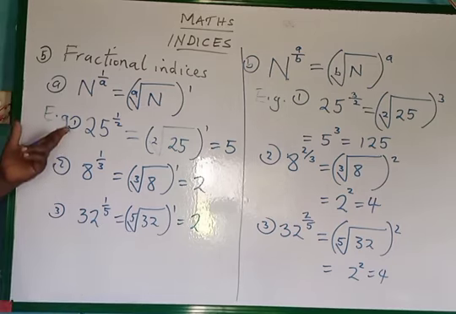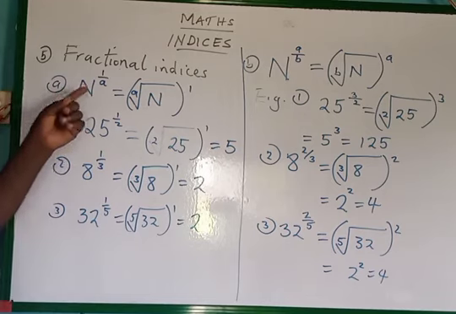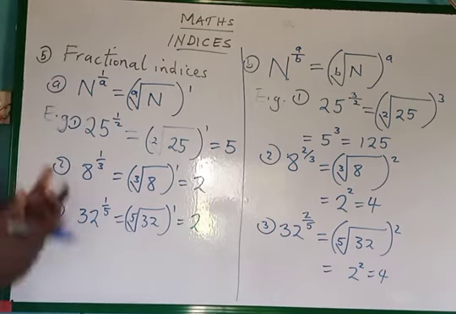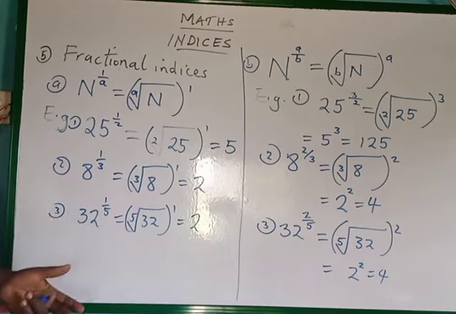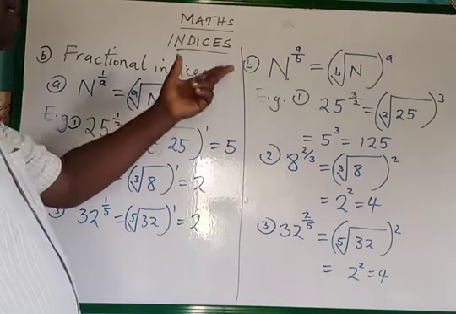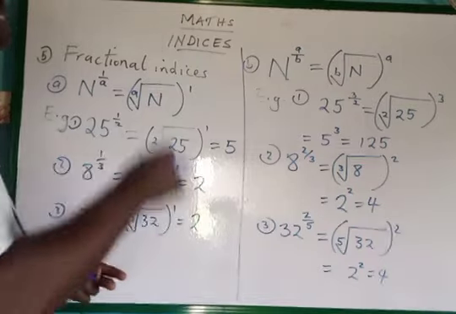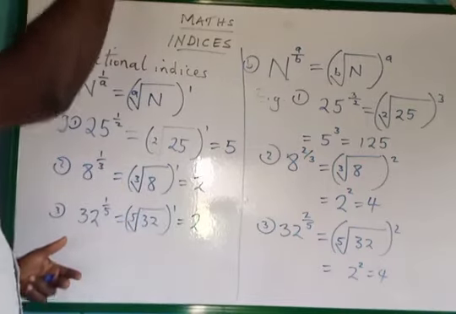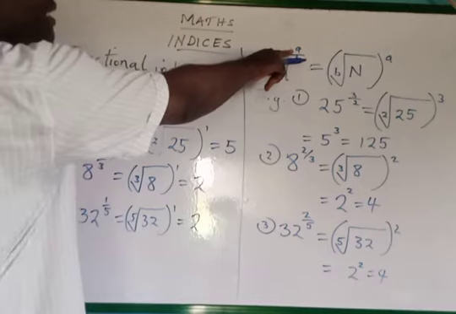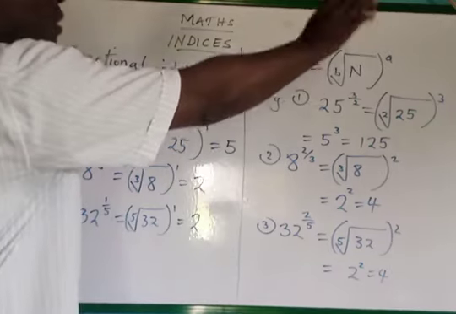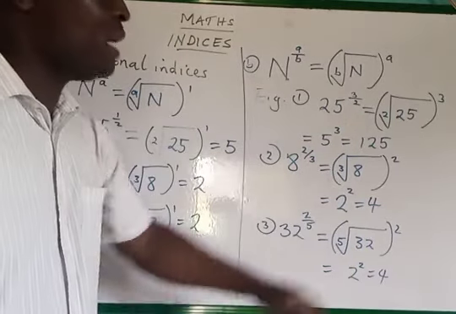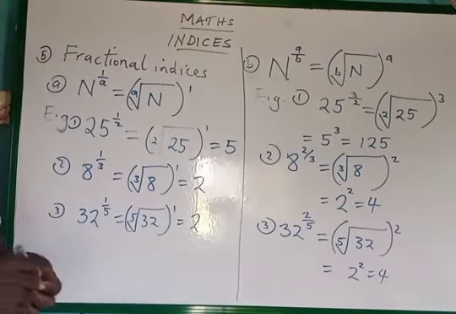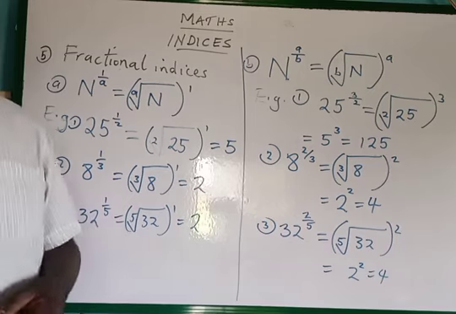When it is 1 as numerator, it means you are looking for the roots: square root, third root, fourth root, fifth root, whatever it is. If it is not 1, then look for the root, and when you have the final answer, just raise it to the numerator, as we have considered in the examples.